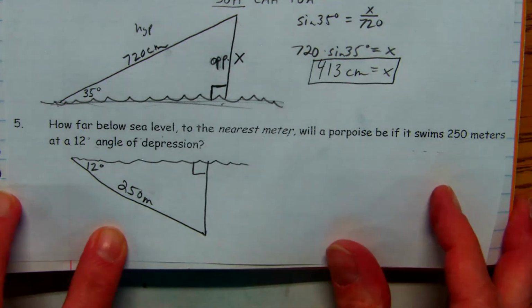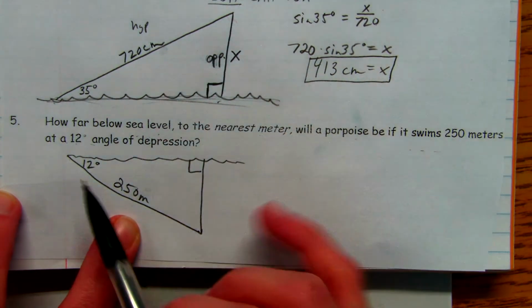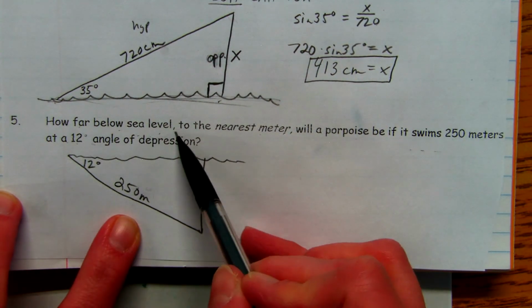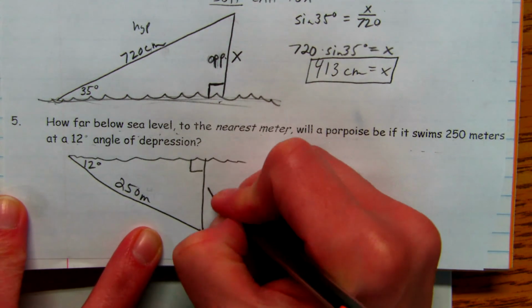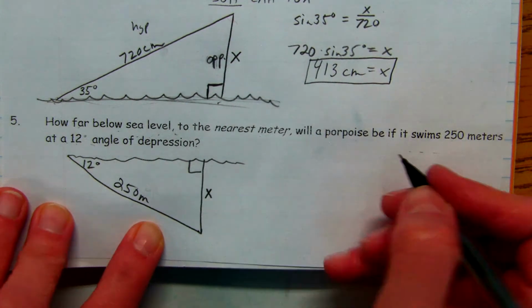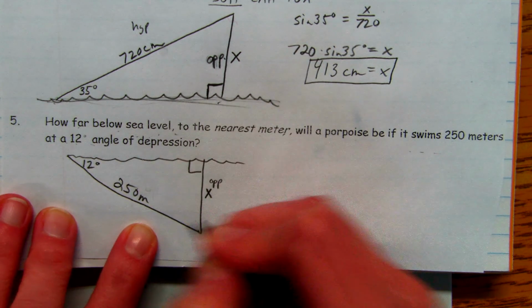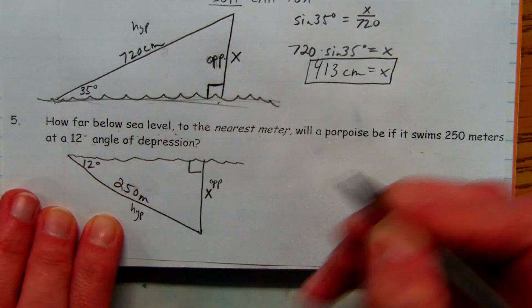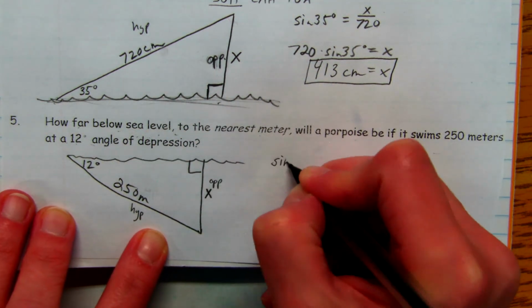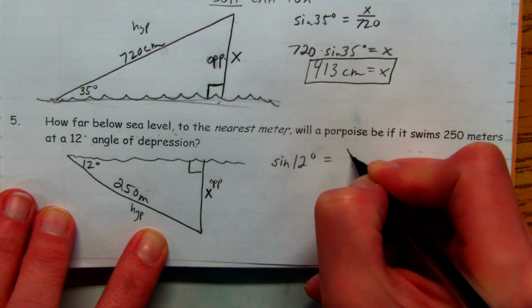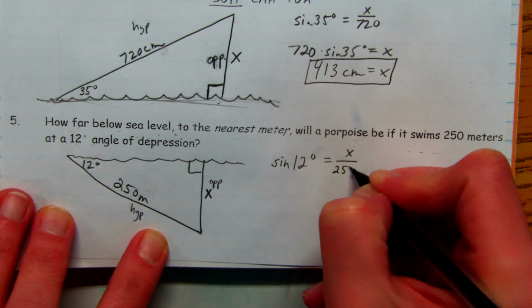All right, and it wants to know how far below sea level it will be. So that's kind of like the height problem. It'll be over here. This would be your opposite side and your hypotenuse again. So we're going to use sine again. So sine of 12 degrees is x over 250.